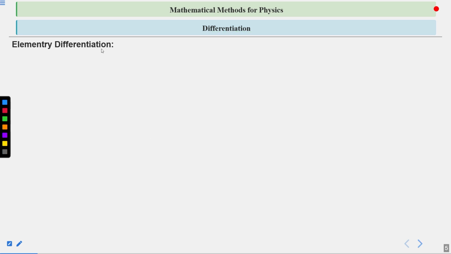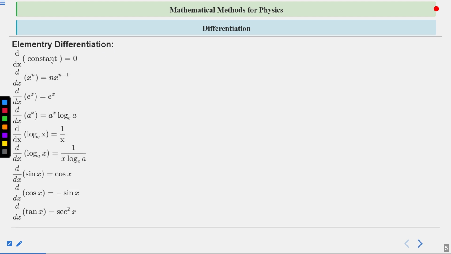Elementary differentiation. So suppose we have a constant value a, b, c, any constant. So the differentiation of any constant value with respect to x is always equal to 0. And we have a variable x raised to the power n. In that case, first take n outside and minus 1 from n. So it will be n x raised to the power n minus 1.